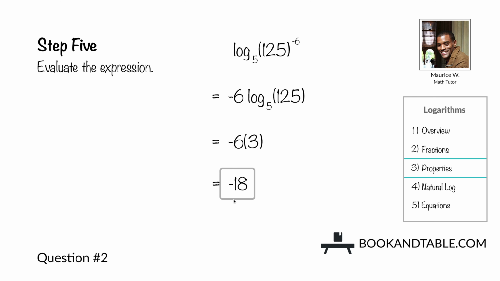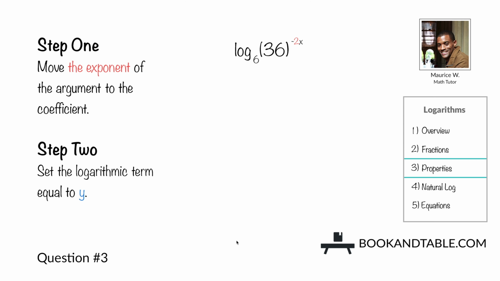So we find that the log of base 5 of 125 raised to a power of -6 is equal to -18. That is the answer to question number 2. Let's now have a look at question number 3.